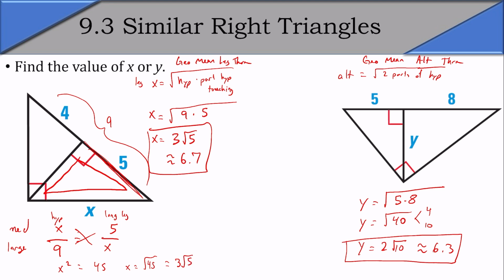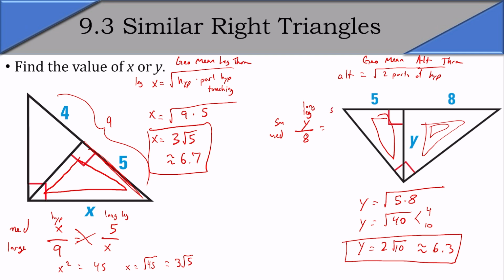For the second one, on both of the small triangles, I know their legs. So I could do the small triangle and the medium triangle, and I can do the long leg, which for the small triangle is y, and for the medium triangle over here is 8.